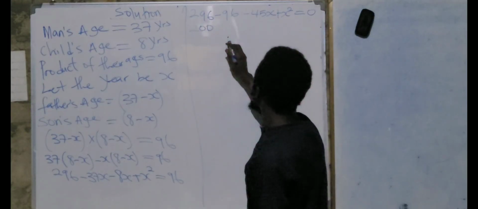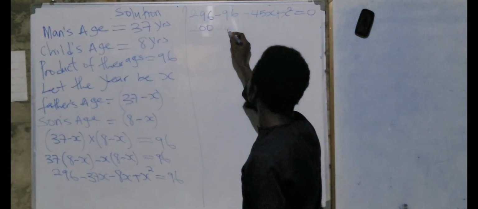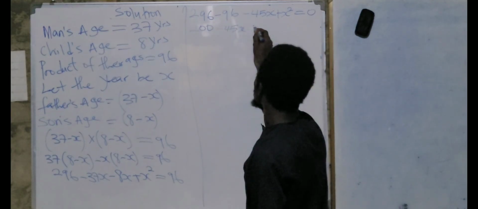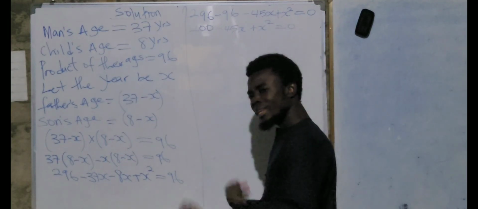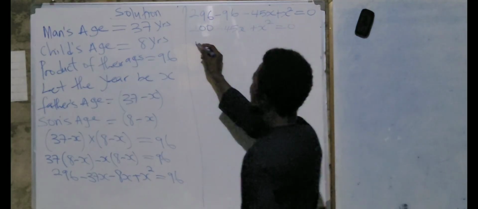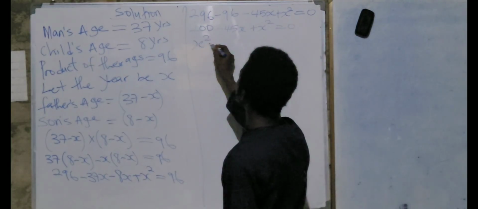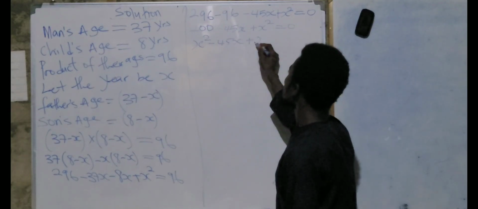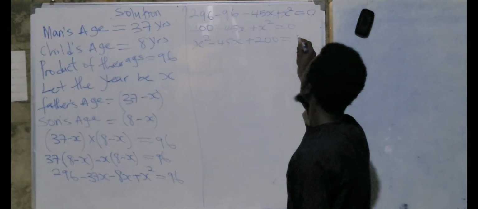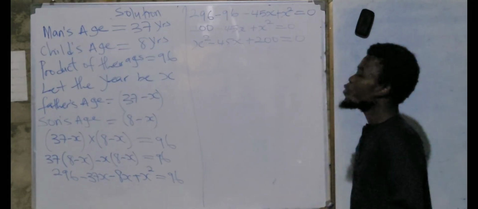Are we right here? Next you have minus 45X plus X squared equal 0. Let's rearrange the values. So we now have X squared minus 45X plus 200 equal 0.